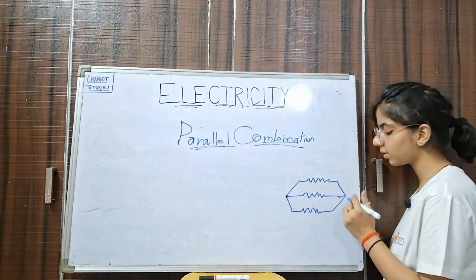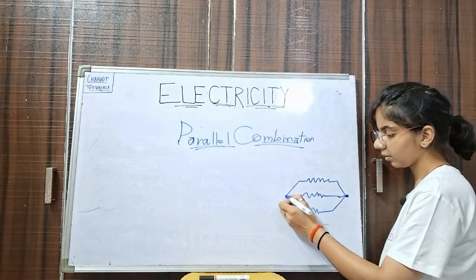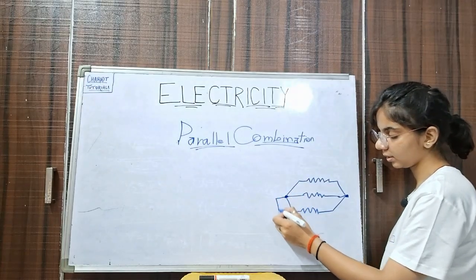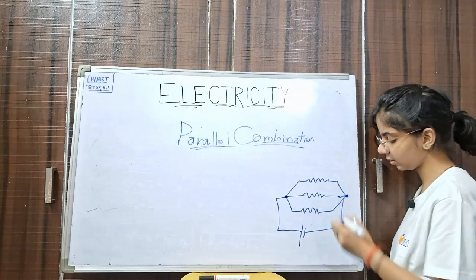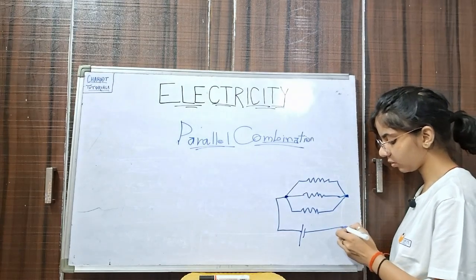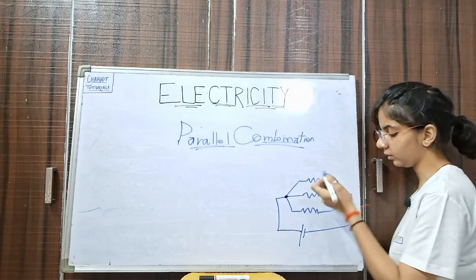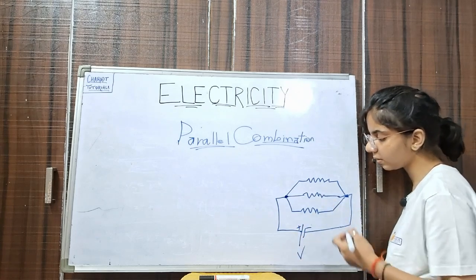All the individual resistances are connected between two common points. This suggests that the potential difference across each resistance is going to remain the same across all the individual resistances. I have connected it through a battery of V volt again.